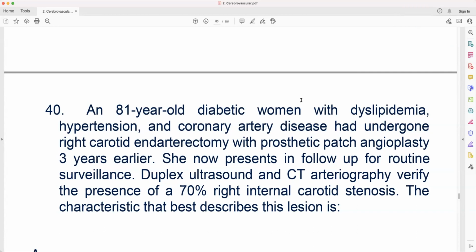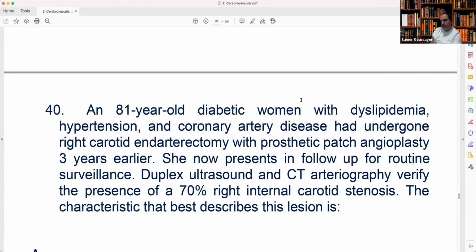The question for stenting in restenosis is, do we need to put a filter or not? In my opinion, you don't need it because it's a different pathology, but the problem is we don't have any data to support that. So I'll use a filter. But deep in my heart, I don't think we need it because this is neointimal hyperplasia. You just need to dilate and put a stent.